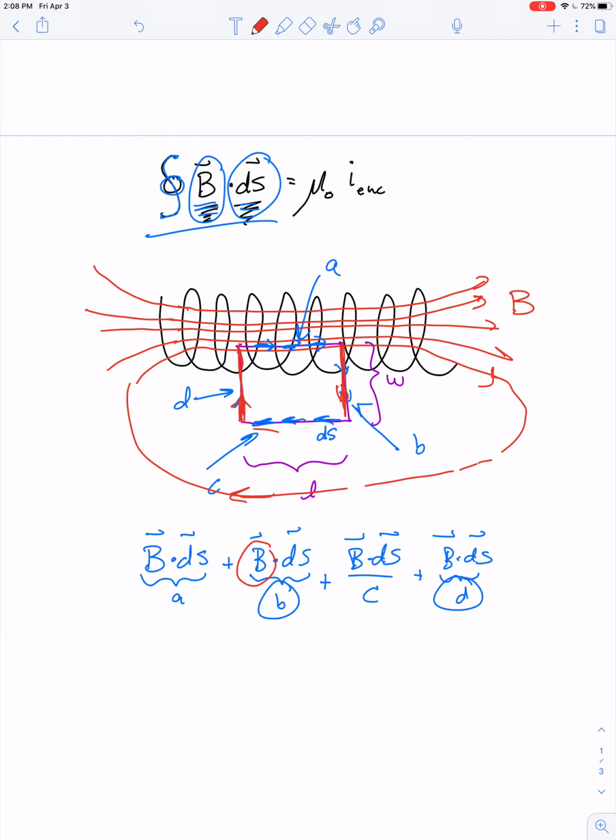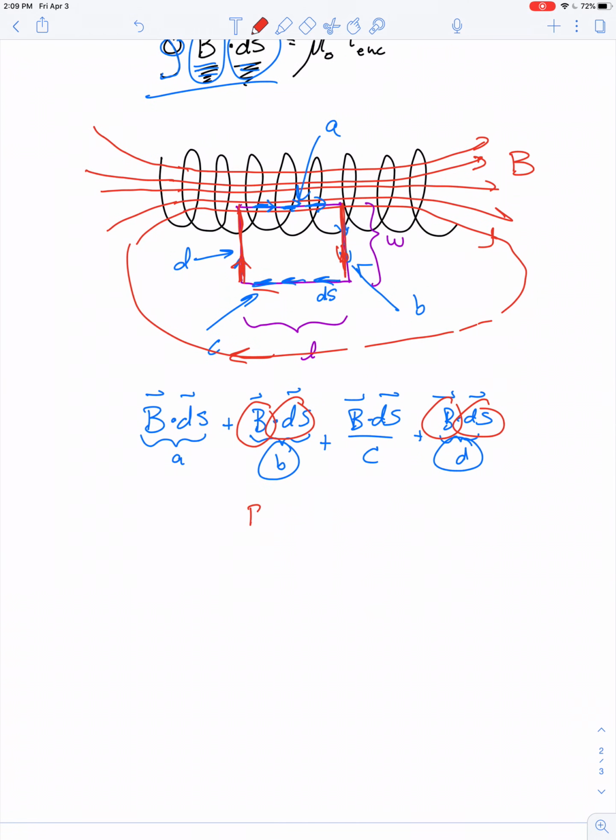So the angle between B and ds in parts B and D of my Amperian loop is 90 degrees. So what I have is B ds cosine 90, B ds cosine 90. But cosine 90 is 0, so there's no product of magnetic field and displacement along either of those paths.